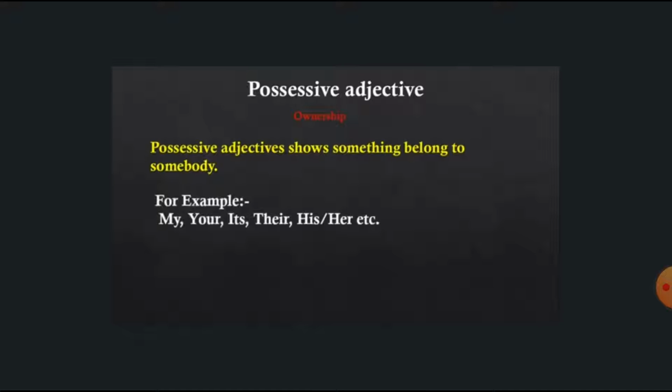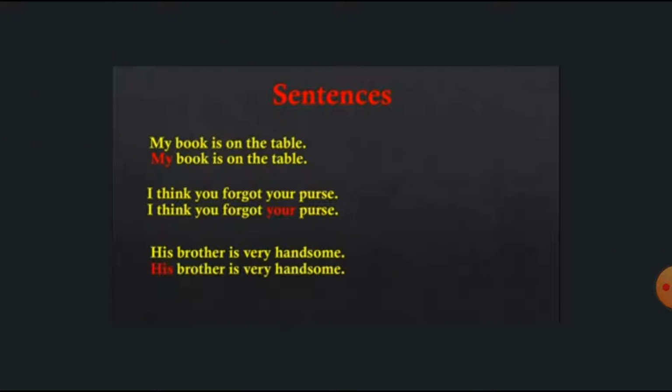Possessive adjective. All these adjectives show possession. Possessive adjectives show that something belongs to somebody. For example, my, your, its, their, his, her, etc. Sentence: My book is on the table.